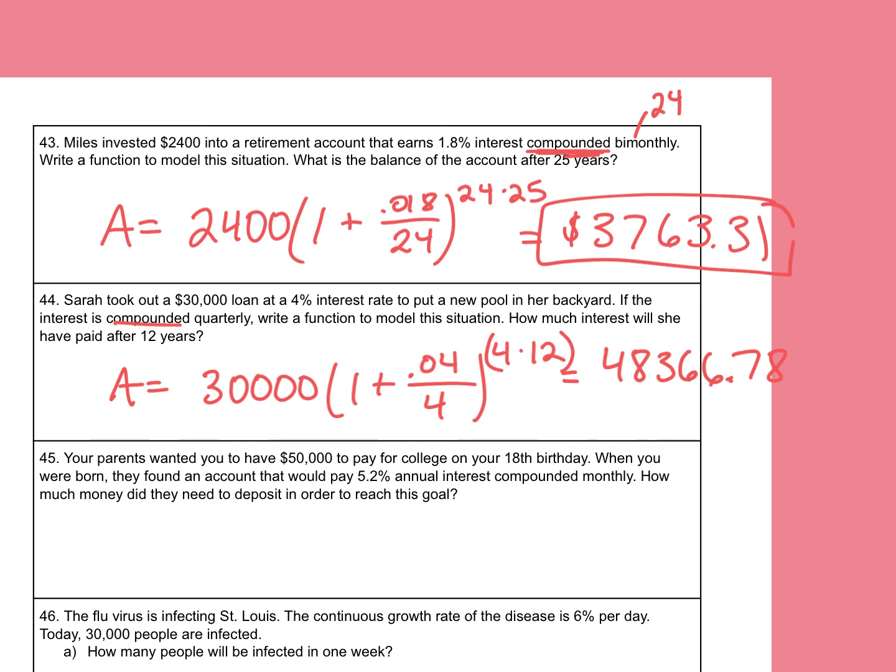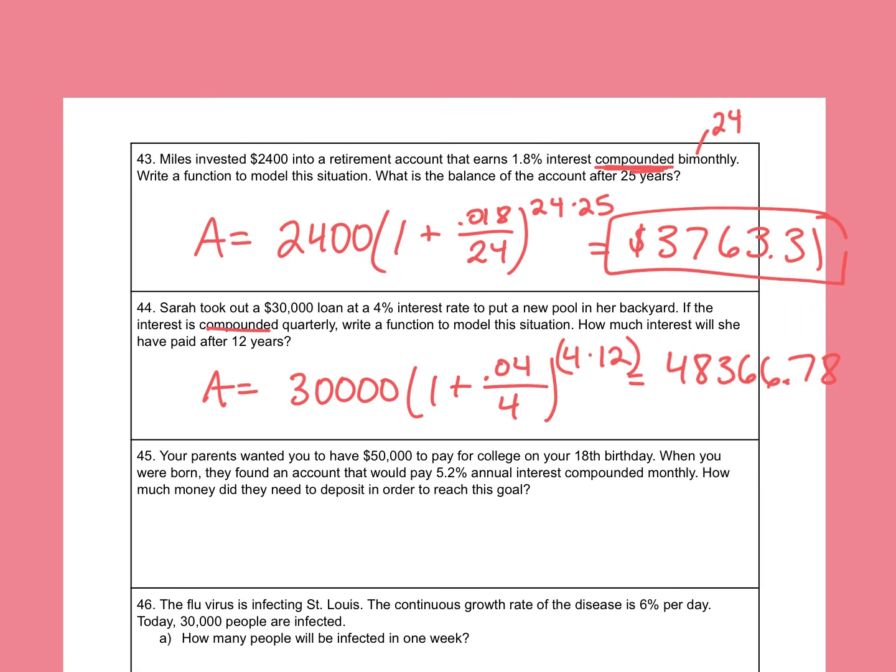So when you do that, we're not quite done yet. The question on this one doesn't ask us for the balance, it asks us for the interest. So this would be our balance after the 12 years has passed, right? That would be our loan balance. But they want to know just how much interest, so I just need to subtract the $30,000 from that, okay? So $48,366.78 minus $30,000.